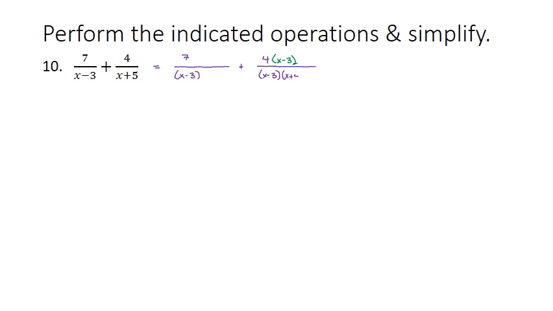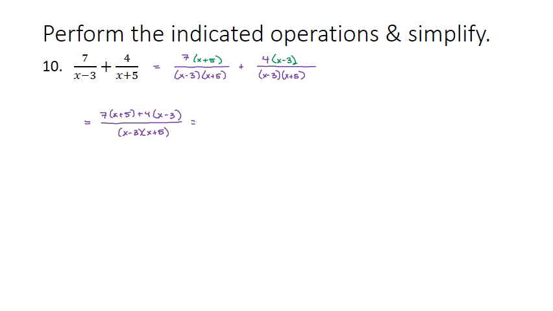Since the x plus 5 is already on the bottom of the second fraction, I have to also put it on the bottom of the first fraction, which means I also need an x plus 5 on top since it wasn't originally there. So what you can do now is you can put this together as one big fraction. So you have an x minus 3 and an x plus 5 as your denominator. On the top, you have a 7 times x plus 5, and you're going to add to that a 4 times x minus 3.